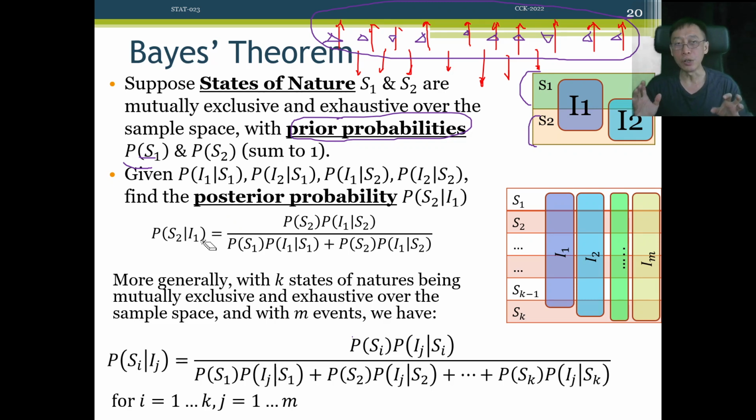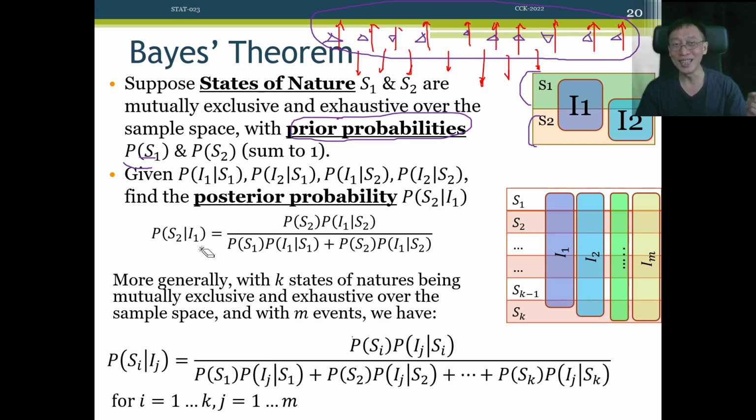The other application of Bayes' theorem is, in a way, also prediction, but more because it is difficult to impossible to directly measure and count the occurrences of P of S2 given I1 or P of S1 given I1. Anything that's given I1, I2 is impossible or very, very difficult or very, very expensive in practice to gather. All right.